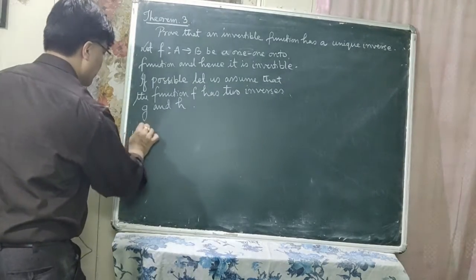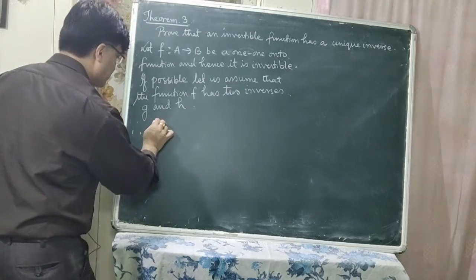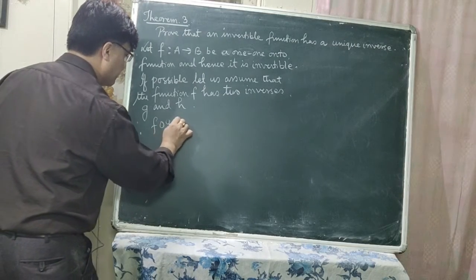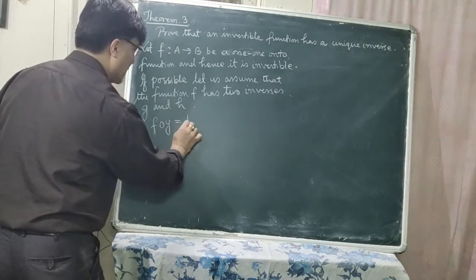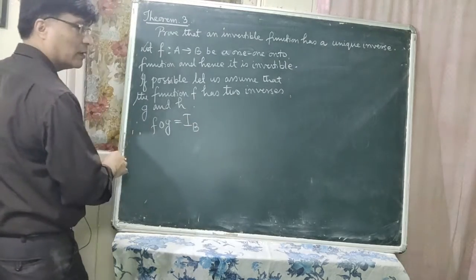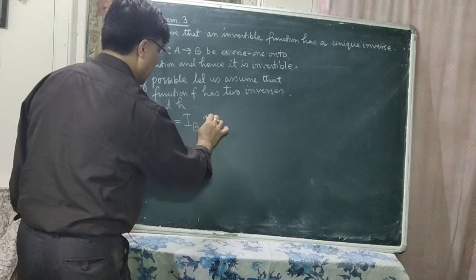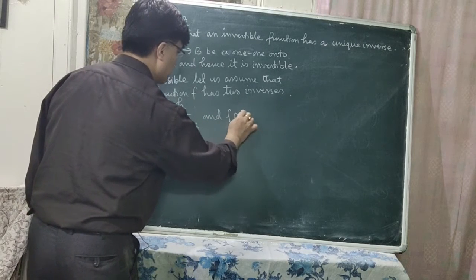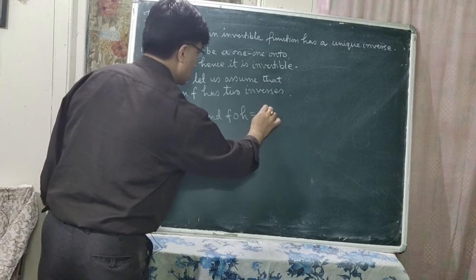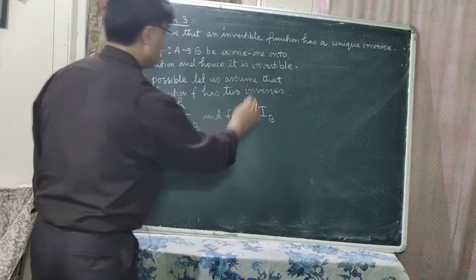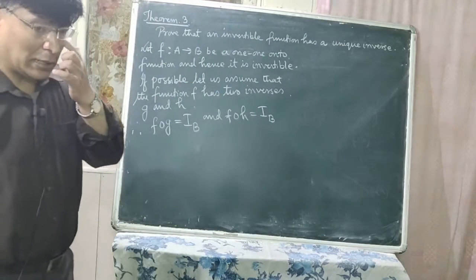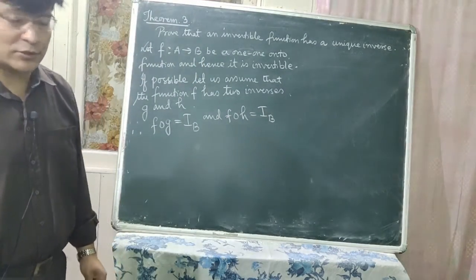So now you know that f of g is equal to IB. You know that f of g is IB from the definition of inverse, and f of h is also IB. I think you have understood it.